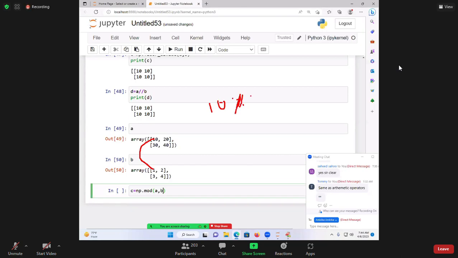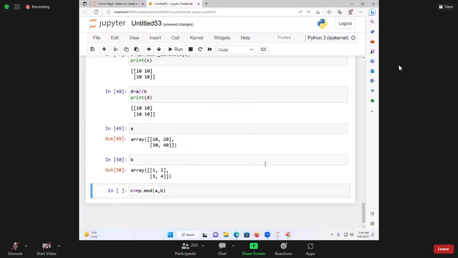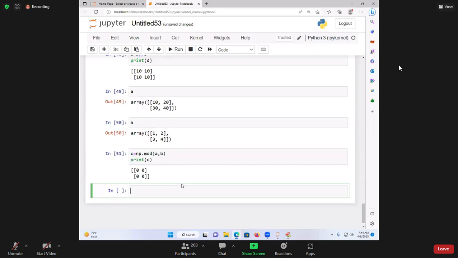So 10 mod 1: 1 times 10 is 10, so the remainder is 0. So even 20 with 2, 30 with 3, 40 with 4, the remainders are all zeros. Print C. You'll be getting zeros only.